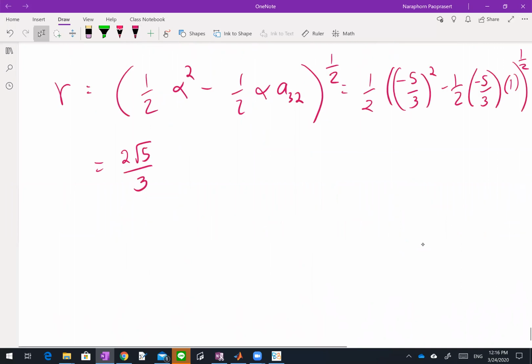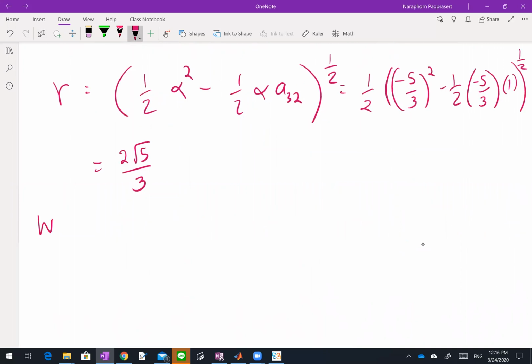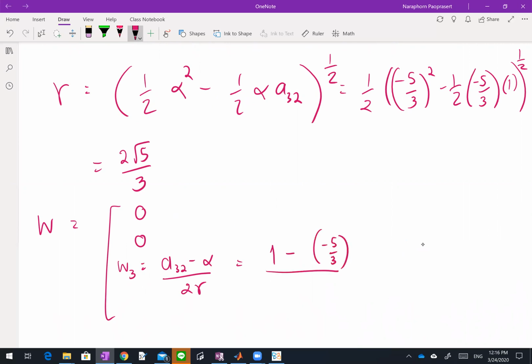And then my W is just going to be, the first two values is 0. W3 is actually going to be A32 minus alpha divided by 2R, which is 1 minus alpha, which is minus 5 third, divided by 2 times R, which is 2 square root of 5 divided by 3.